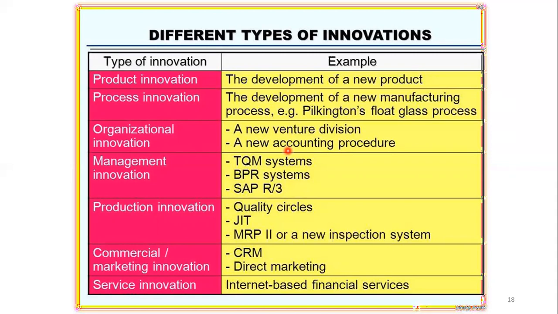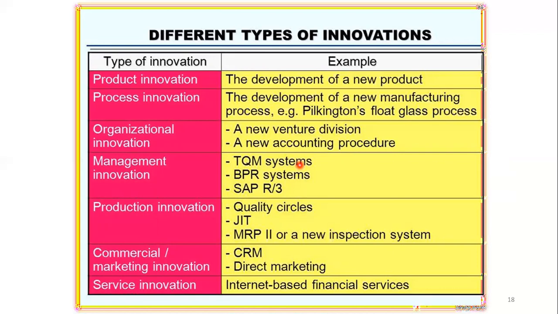Management innovation, like TQM, total quality management systems, or BPR, business process re-engineering, or SAP software, which we use for ERP, enterprise resource planning.